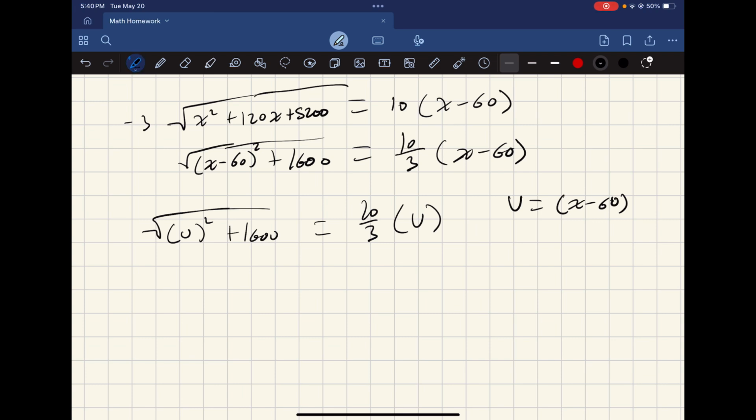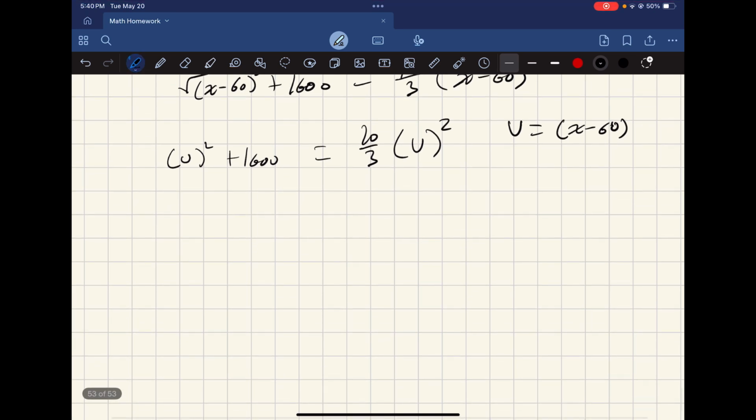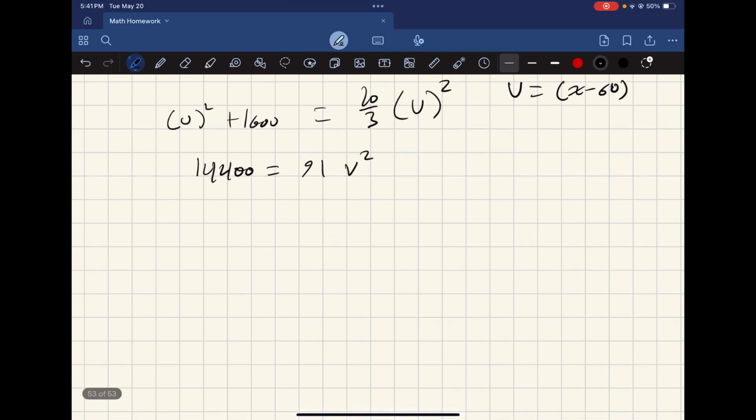Now with this one, it'll be a lot easier. We'll square both sides. Now we just solve for u. So 14400 equals 91 u squared, and then we divide by 91 and take the square root.